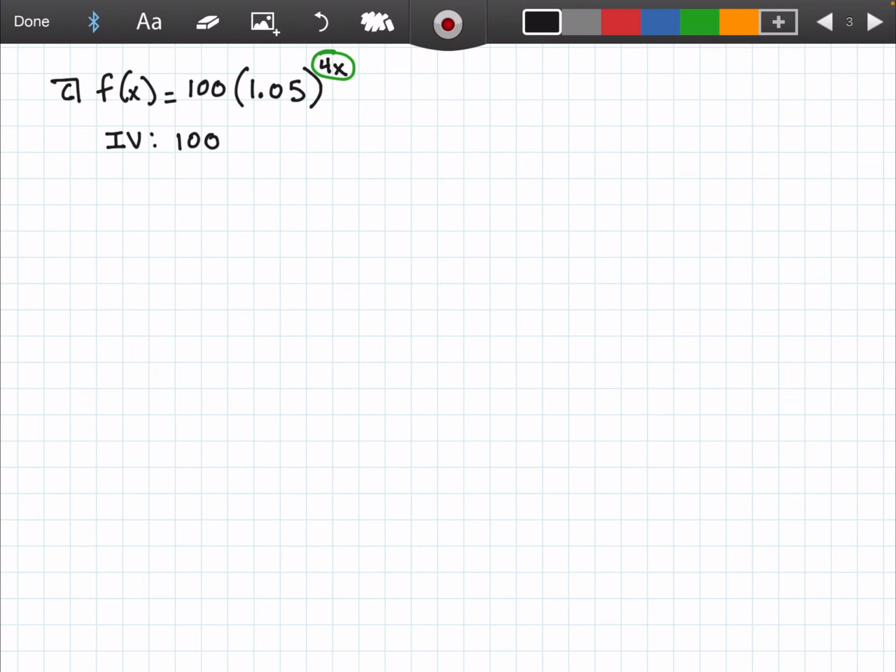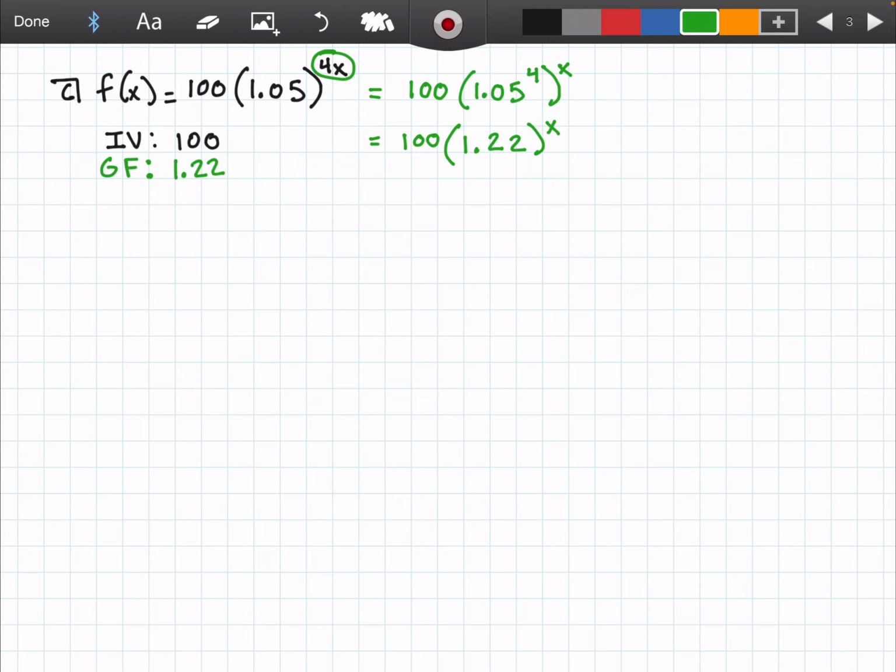We're going to pull out properties of exponents for a second because this is the same as 100 times 1.05 to the 4th all raised to the x. So that's like multiplying your exponents. And so in my calculator, I can do 1.05 to the 4th and get 1.22 to the x. So that means really my growth factor is 1.22, which makes my growth rate 22%.